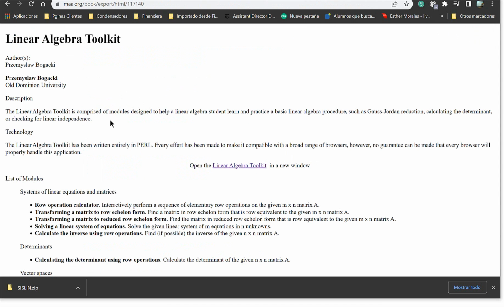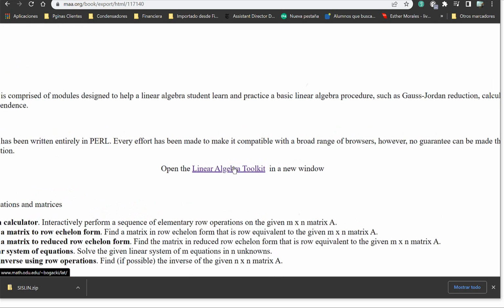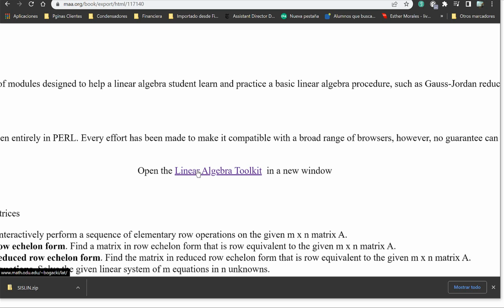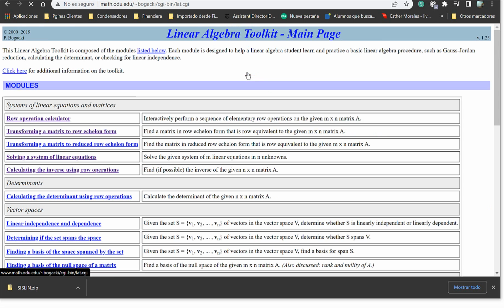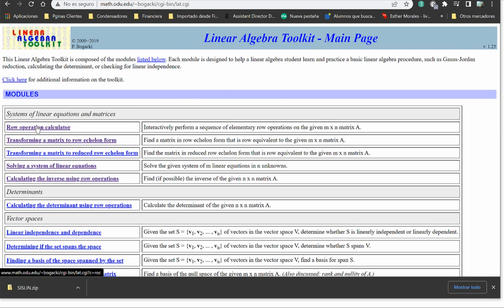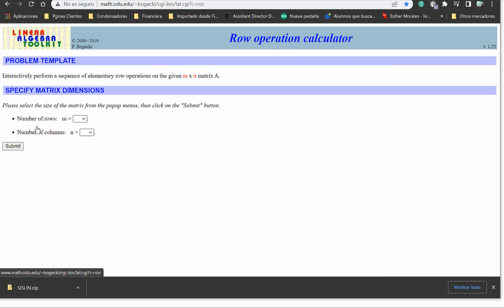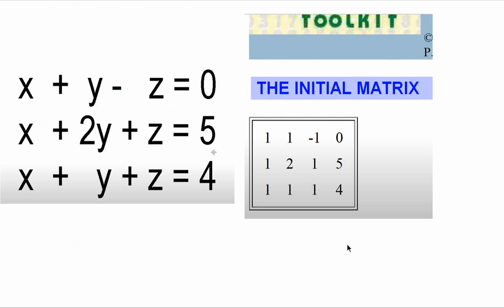Even though it doesn't look that neat, it gives you a very good link to Linear Algebra Toolkit, here, and you are now in Linear Algebra Toolkit. Just enter and choose Row Operation Calculator, and here we are.